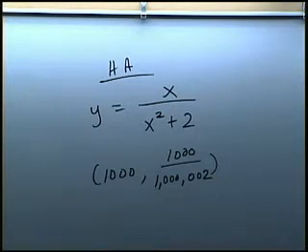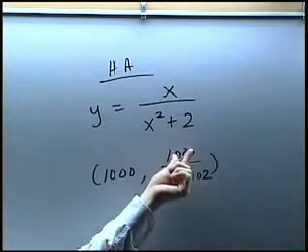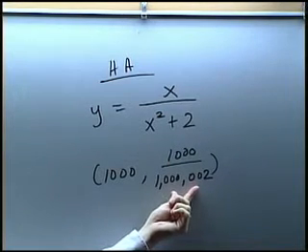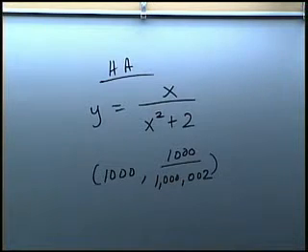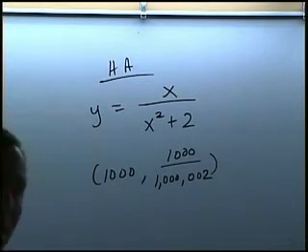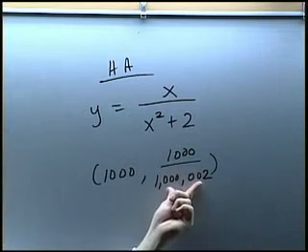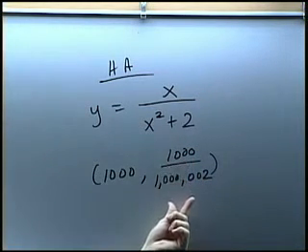Now, what happens when we start to get really large numbers in the denominator? What happens when you divide by really big numbers? What happens to your quotient? It gets really small, right? If I take 1 divided by 1,000, that's pretty small. If I take 1 divided by 1,000,000, that's even smaller. And so as our denominator gets really big, this value is getting even smaller.